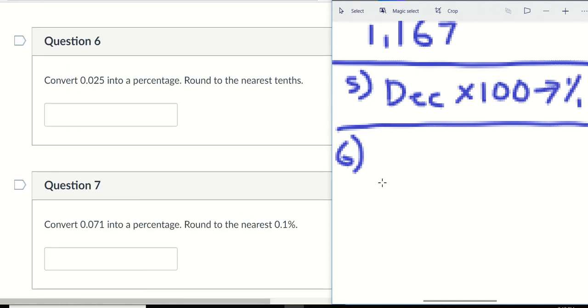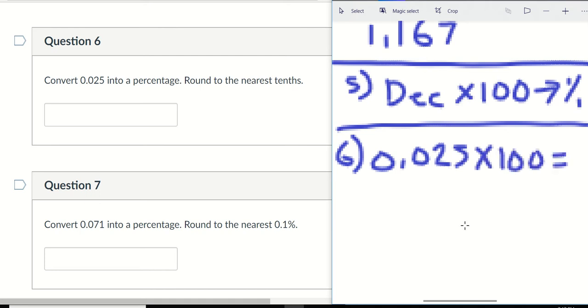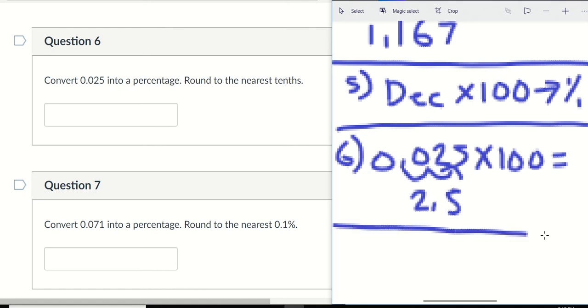So take your decimal, 0.025, and we will multiply by 100. What do you guys get? 2.5. Yeah, you can definitely move it 1, 2 spaces. There's its new home. So it's already in the nearest tenths, so just leave it as is, 2.5.